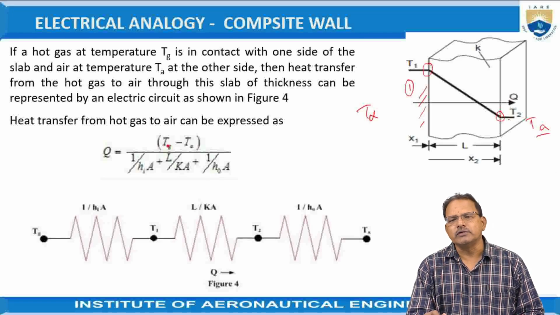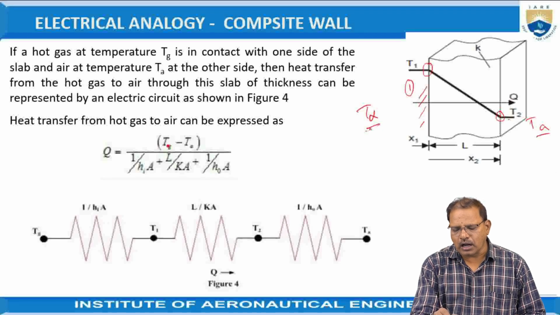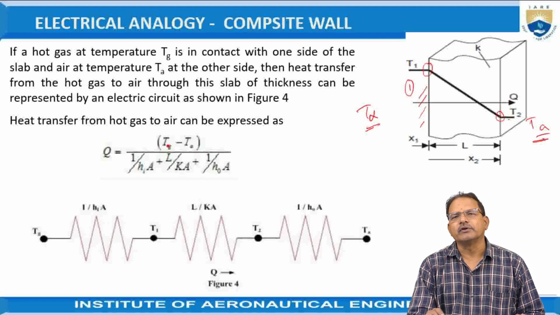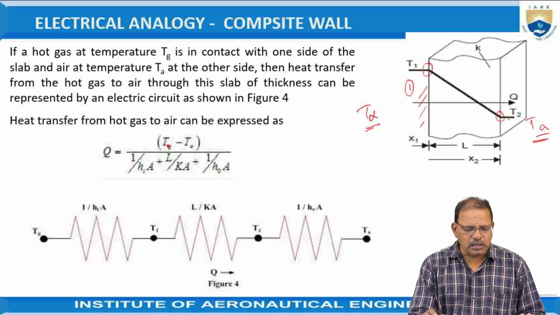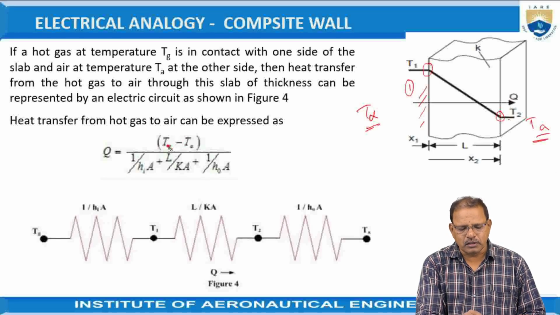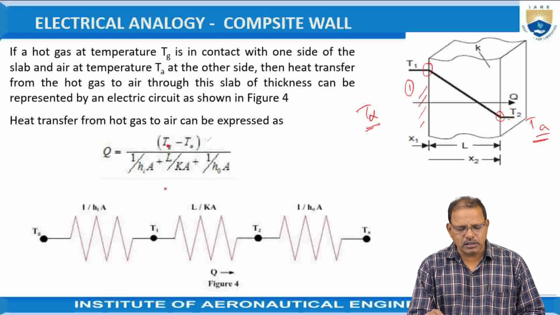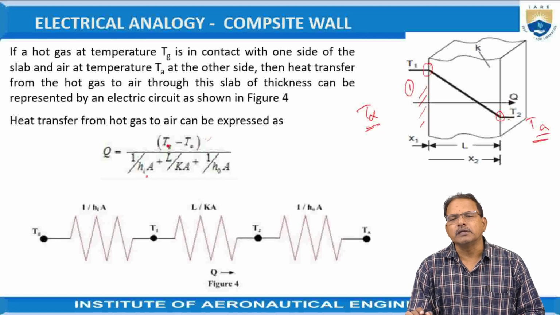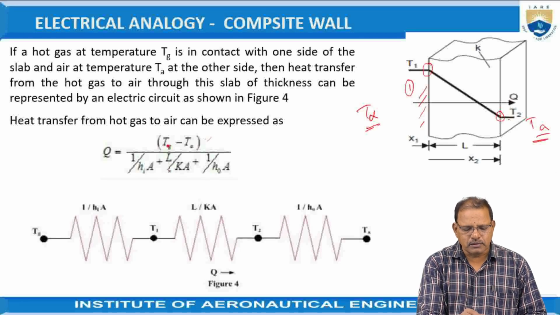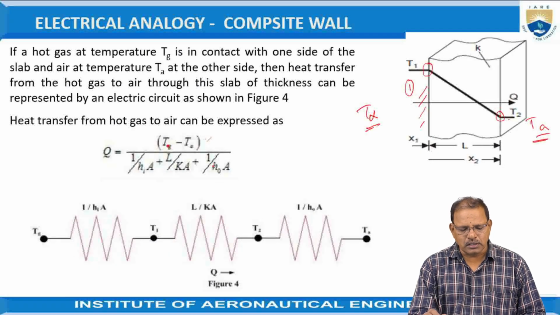The total energy flowing from T alpha to TA, over this temperature difference, is given by the equation: (T alpha minus TA) divided by [1 by H_i A plus L by K A plus 1 by H_o A], where H_i is the convection coefficient for the hot fluid, A is the surface area, L is the length, and K is the thermal conductivity.